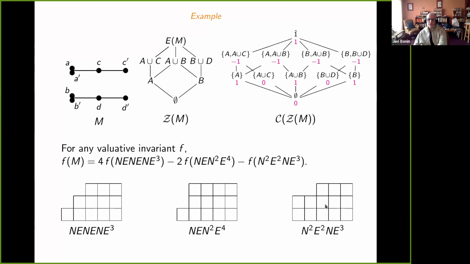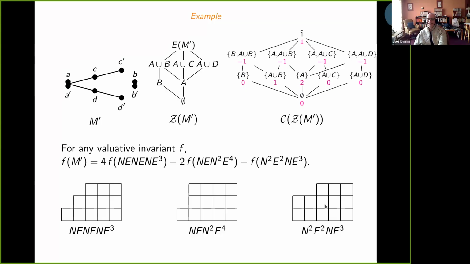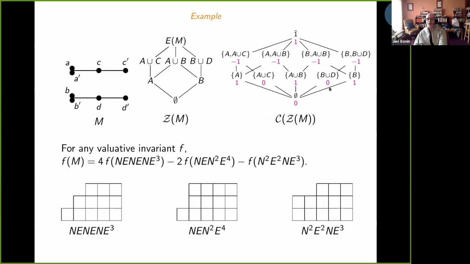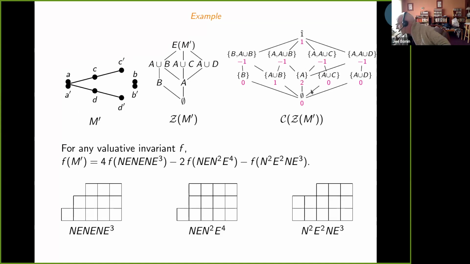Let's see, do things change for the other in our pair of examples? They don't, right? Instead of having these two 1s, I have this 2. So I get the same coefficient here, and the rest of it lined up anyway. So these two non-isomorphic matroids are going to have the same valuative invariants.